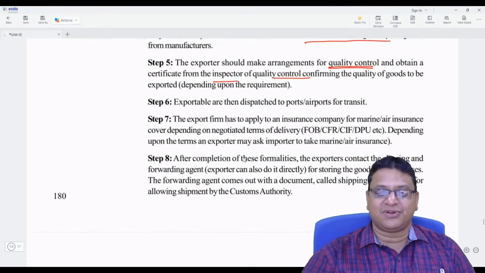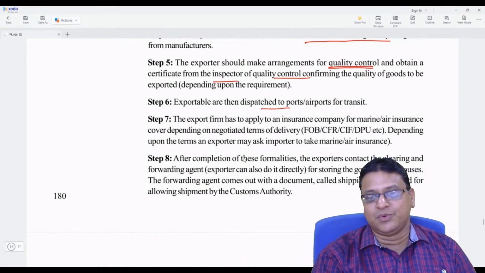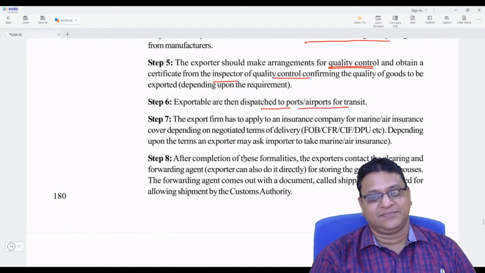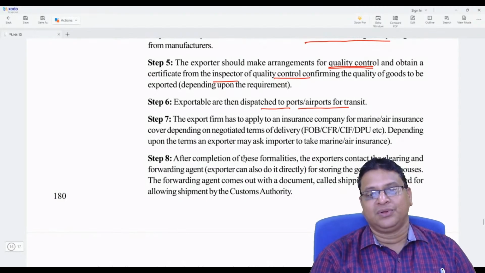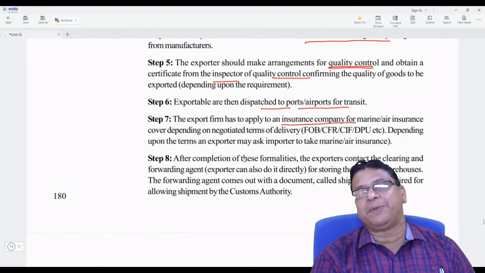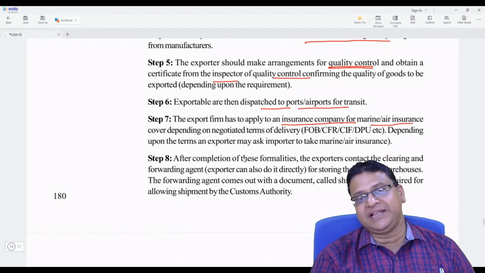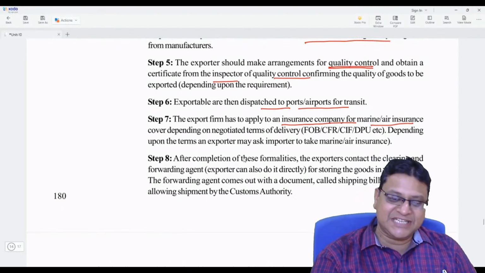Next, once you have the quality control certificate, you dispatch the goods to the port or airport for transit. Once the goods are sent to the port, in between, you have to contact an insurance company for insurance of the goods. It can be marine insurance or air insurance. So you have to insure the goods.